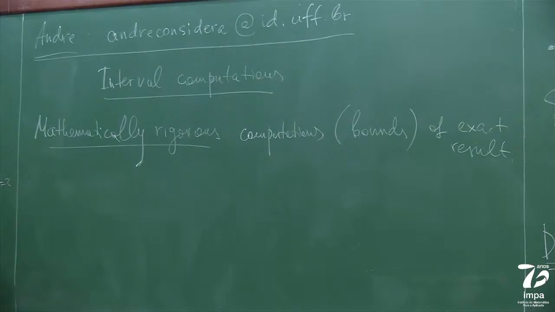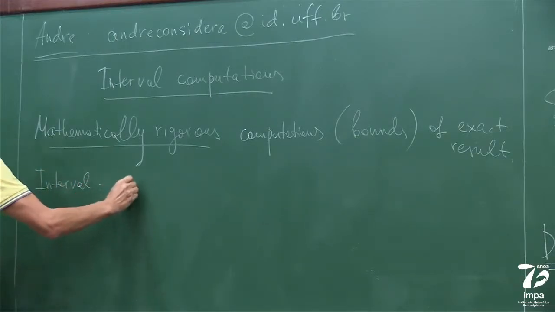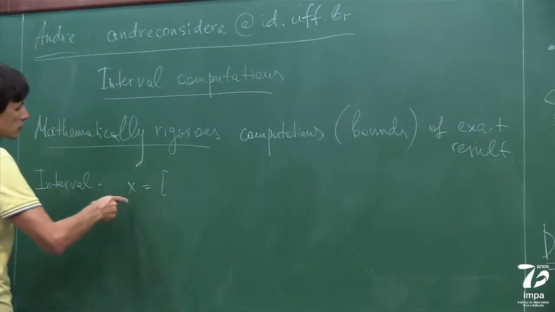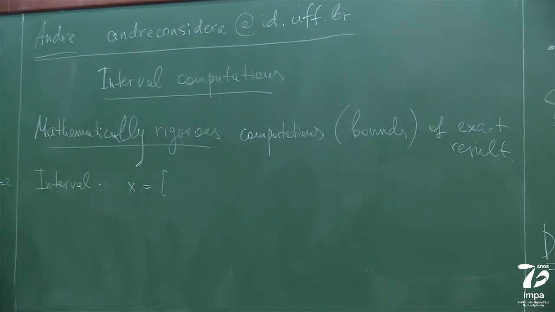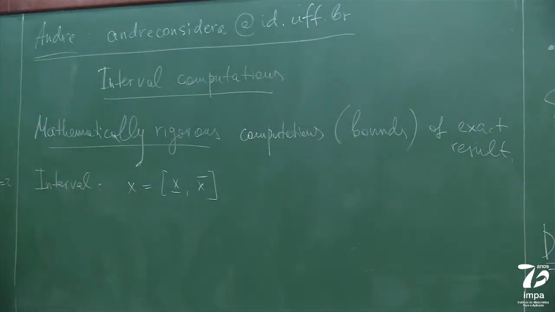Essentially, interval computation has to do with computation not with a number, but with an interval. So the object of the computation is an interval. Whenever you write x in interval computation, it implies that it's not a number, but an upper and lower bound. It's 2 values, so when you give x, it means that you're giving an interval with a lower and upper number.